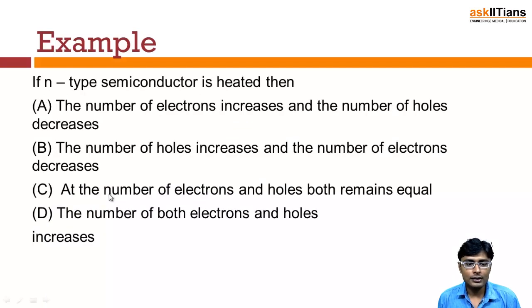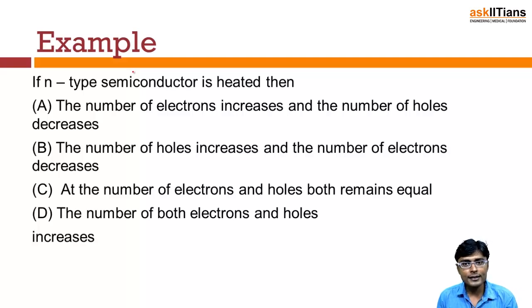Now let's solve another example. In the question we are asked what happens when an n-type semiconductor is heated. Heated means basically we are increasing the temperature, that means we are going for the process called thermal agitation.